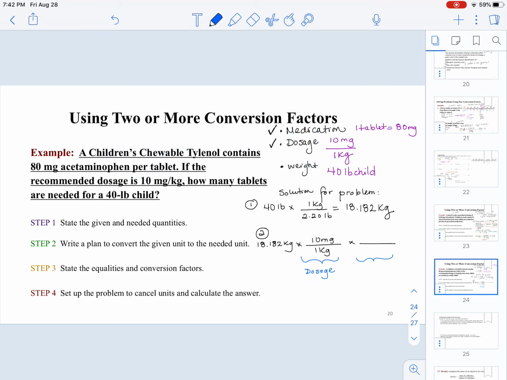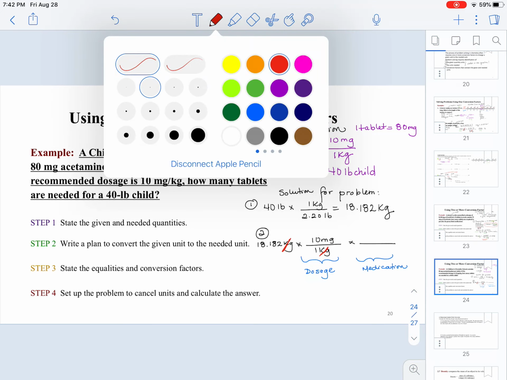The next equality that we're going to use is the medication that we have in hand. How do you know how to set it up? Remember, in dimensional analysis, these kilograms cancel with these. So the milligrams have to be on the bottom, because I need to cancel them with the milligrams on the top.